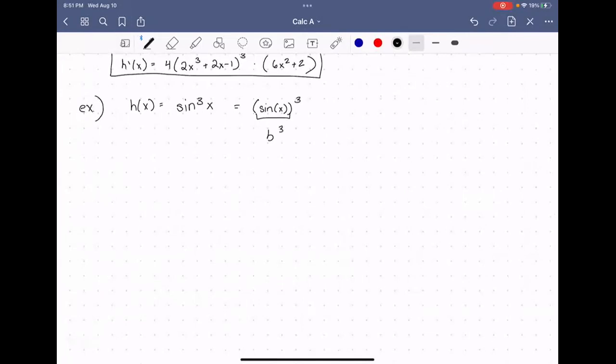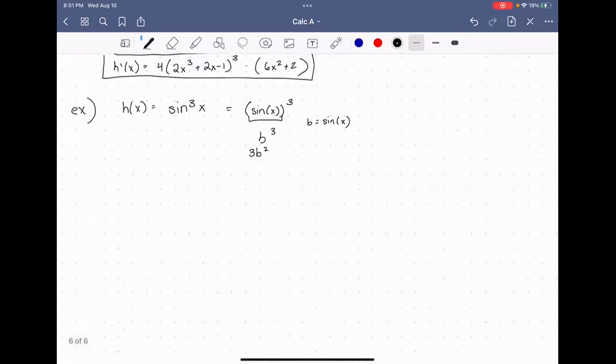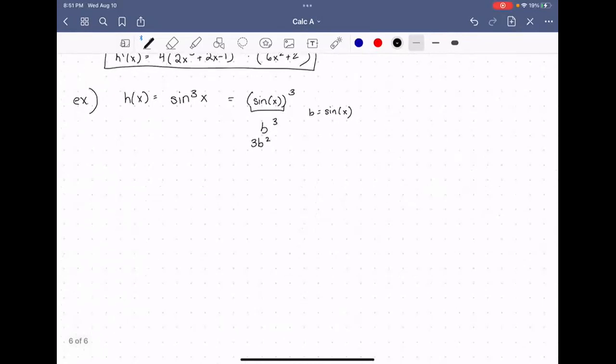And what's the derivative of a cube? 3b squared, right? And let's just write that b is equal to sine x. So our first thing is going to be 3b squared.